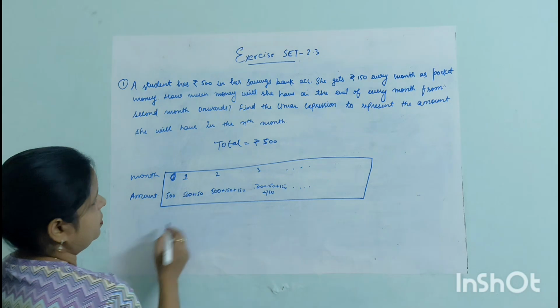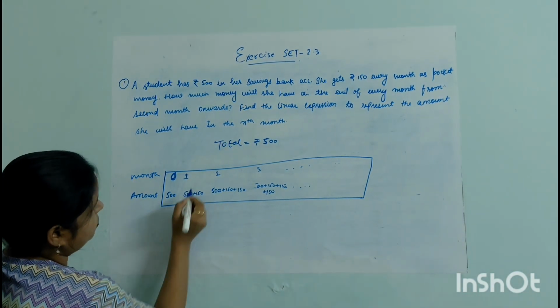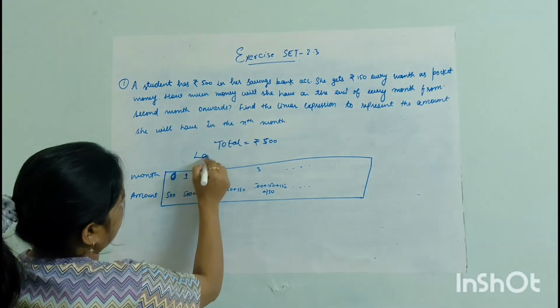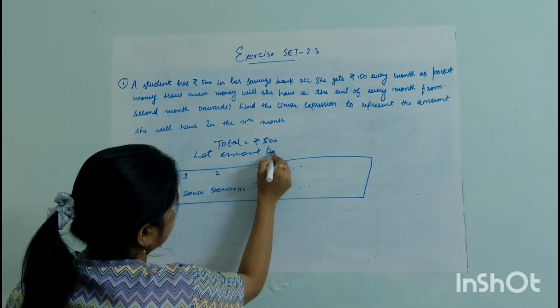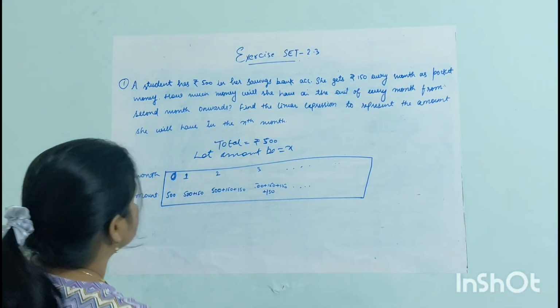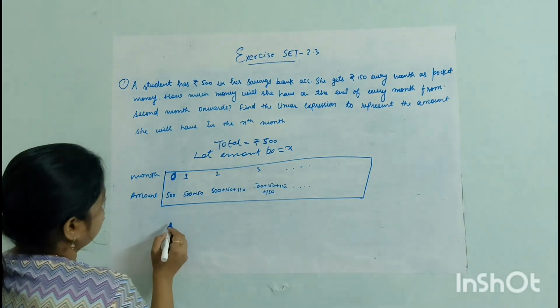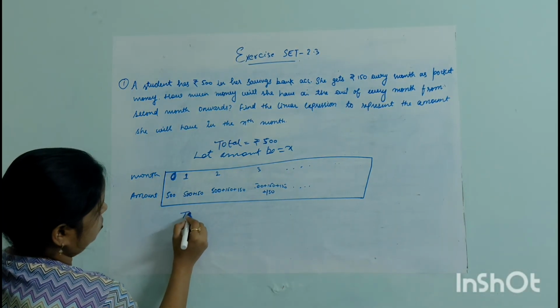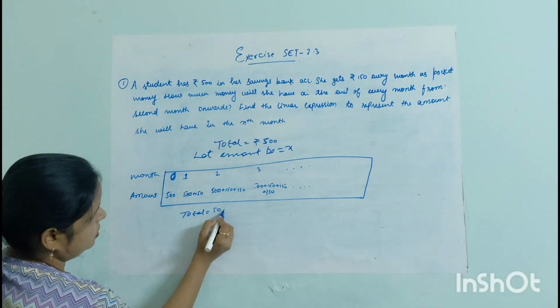So, I can say this. Let the new adding amount be x, since we have to find the algebraic expression, the linear expression. So the total of the account in first month is 500.